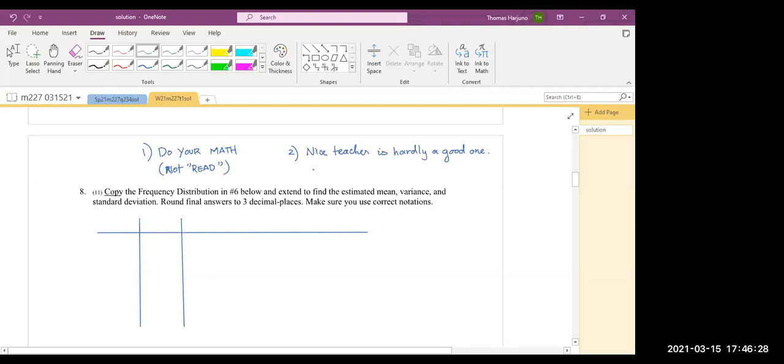And a good teacher is hardly a nice one. But there's a third sentence: a good and nice teacher is, can you continue this?